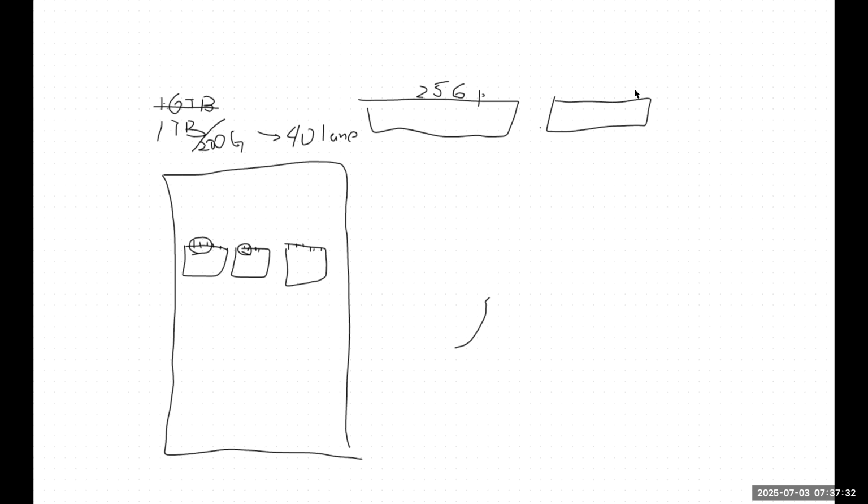That means you can connect 256 accelerators. And because each of them has 40 lanes, you need about 40 switches to connect all of them.